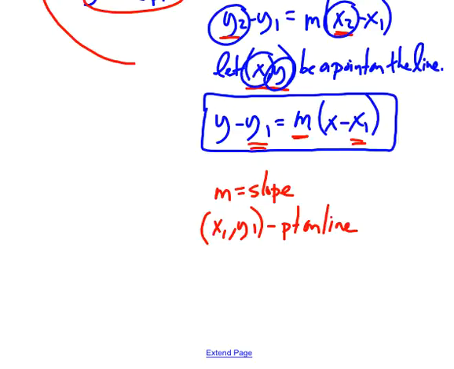So if we're given the slope and any point, we can plug those in here, and that gives us a relationship between x and y. Notice that x and y would be the only variables if we had numbers for the slope and a given point on the line. We'll take a look at a couple of examples in a minute. That one's probably a little less familiar to you than the slope-intercept form.